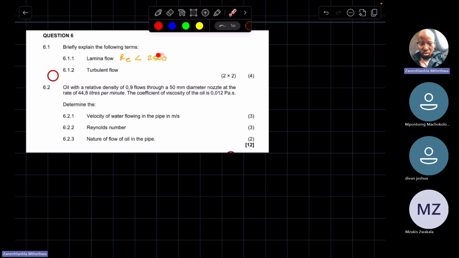The point is, you are able to explain what laminar flow is as a nature of flow using the Reynolds number. For the nature of the flow to be considered as laminar, the Reynolds number must be less than this. And then for turbulent flow, the Reynolds number must be greater than 3000.